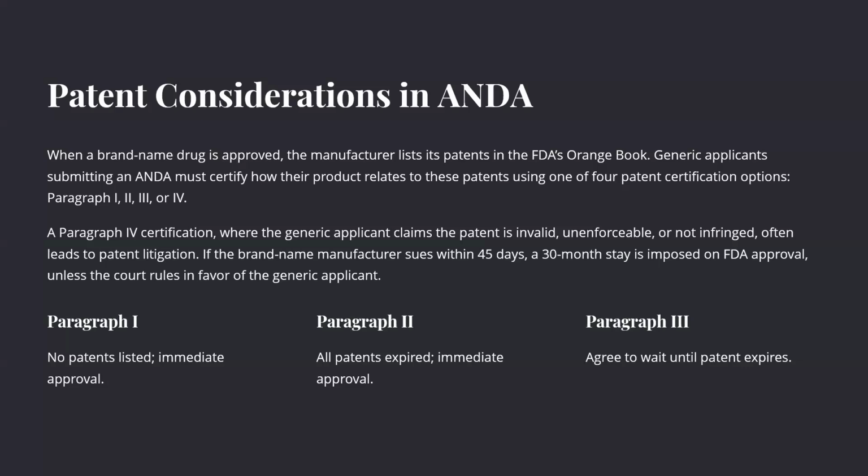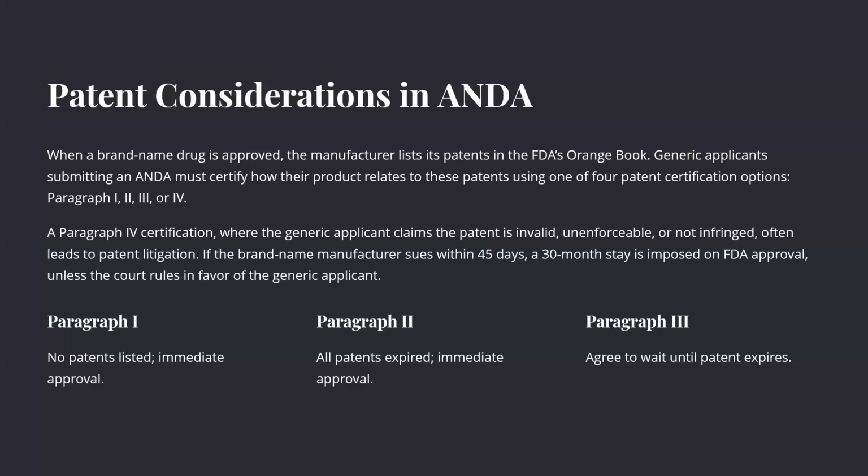Then comes your FDA Orange Book, which is officially titled Approved Drug Products with Therapeutic Equivalence Evaluations. It lists all the FDA approved drugs and their associated patents and exclusivities. So for every drug that has received a patent, you'll find information regarding the drug and the patent in the Orange Book of FDA.